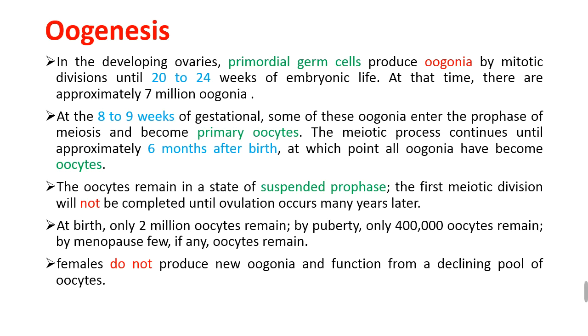some of these oogonia enter the prophase of meiosis and become primary oocytes. They will develop from primordial germ cells into primary oocytes. The process continues until approximately 6 months after birth, at which point all oogonia have become oocytes.